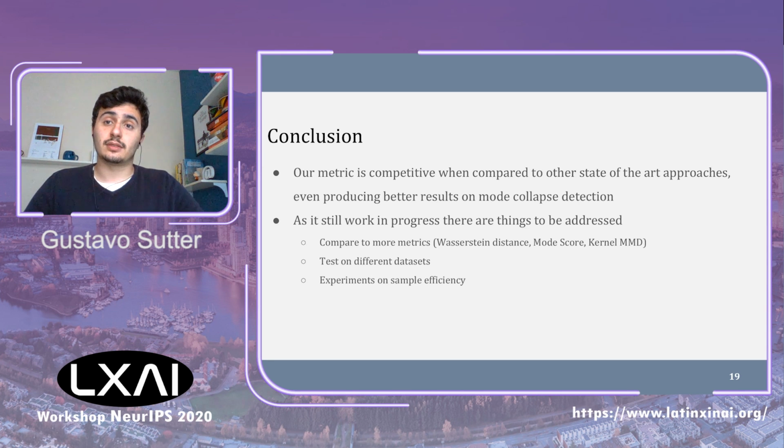We also want to test on different data sets to see how robust our method is to changes in the nature of the data, and also run some experiments on sample efficiency to see if we can use a set with a small number of examples and still get a good score, showing that our metric is capable of detecting the presence of mode collapse and poor quality with only a small data set.